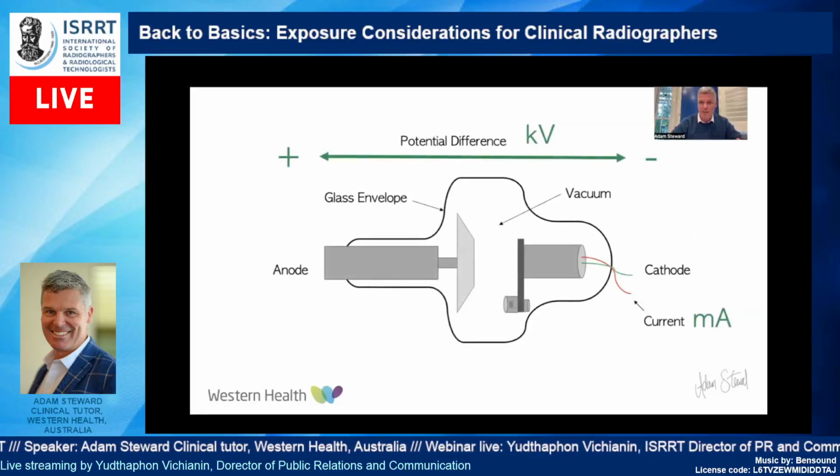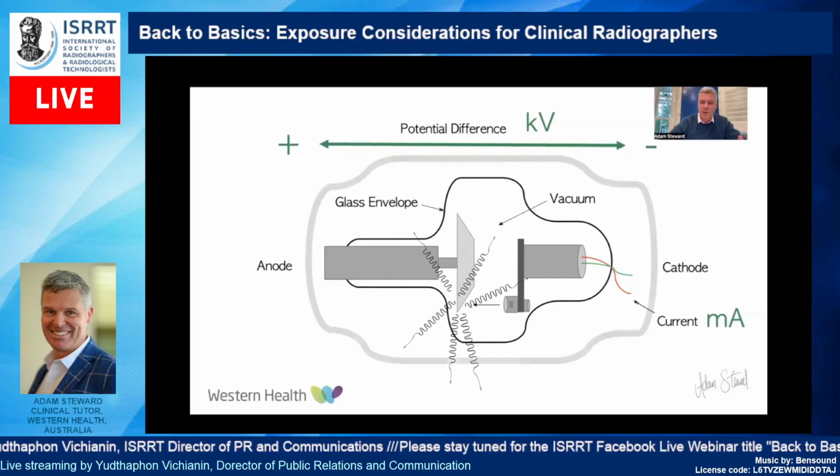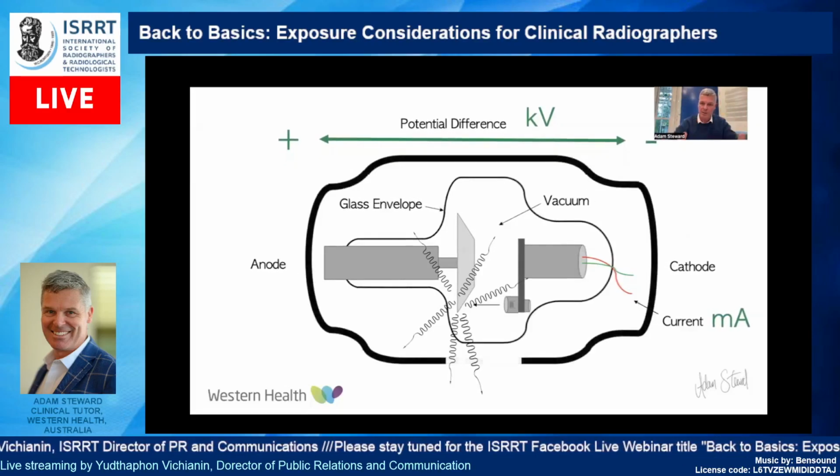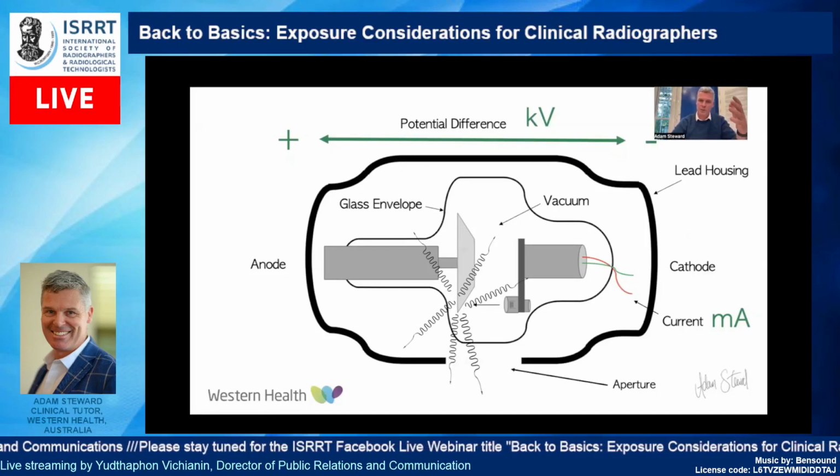That's how we produce X-rays, and that's how KVP and MAS are used to produce X-rays. It's also important to note that X-rays are produced all around. Contrary to what a lot of students tend to think, they're not produced down in a specific little pyramid. That's not how we produce it. They go everywhere, okay? The X-ray tube itself is contained within a lead housing, and we only allow the photons that are going down a certain part through an aperture to be transmitted and passed down, and that's what we use.